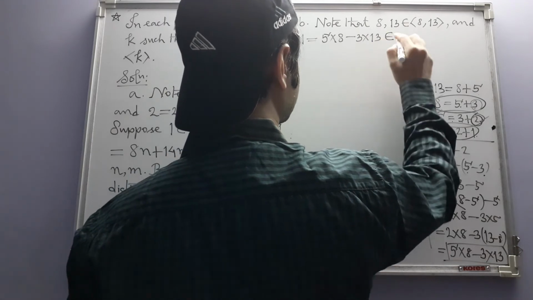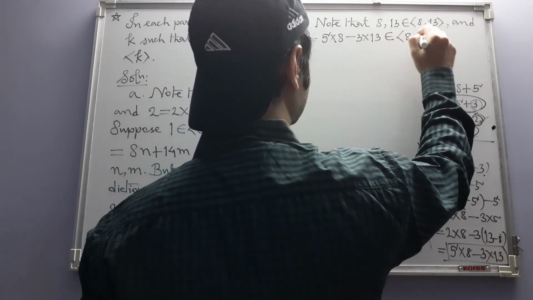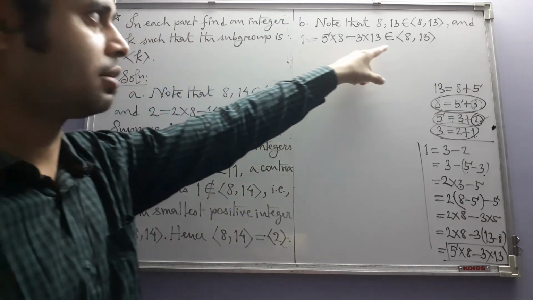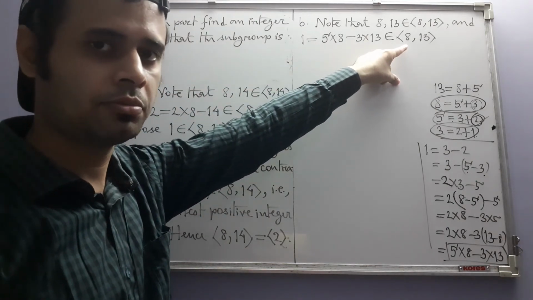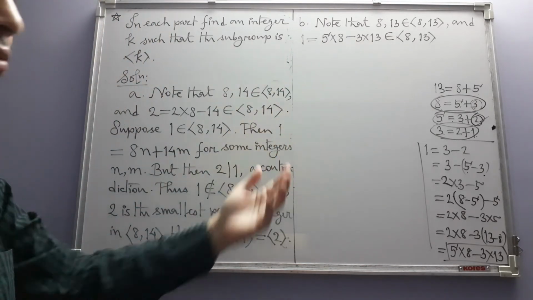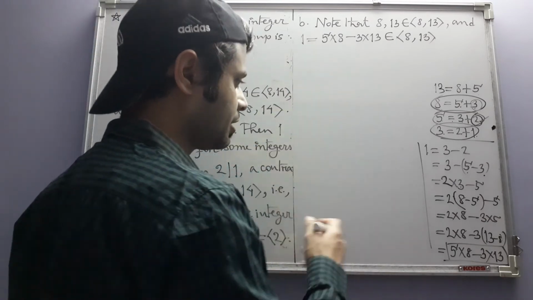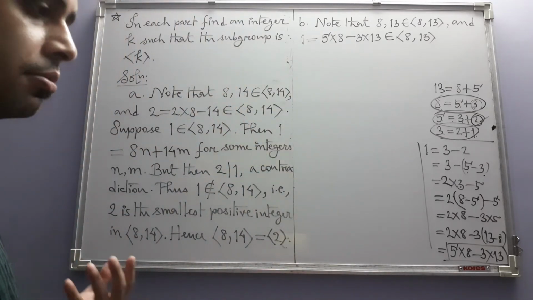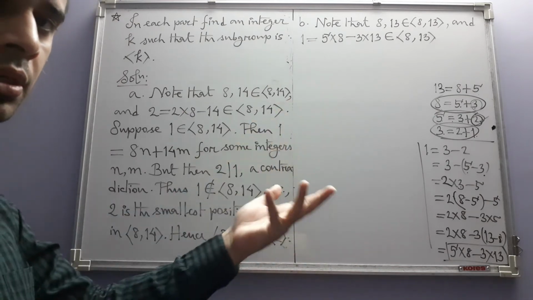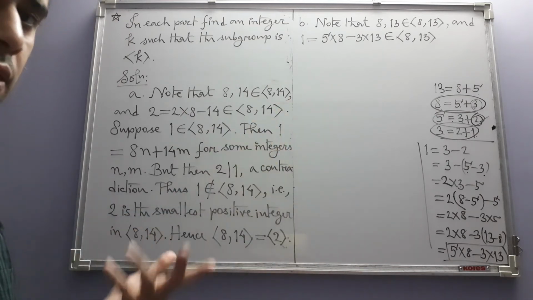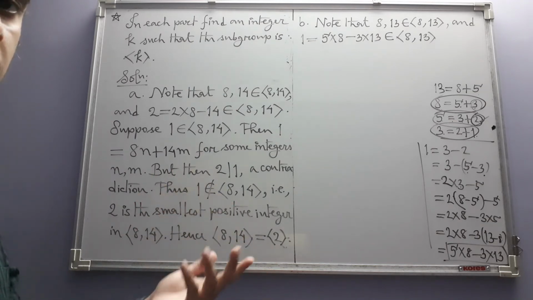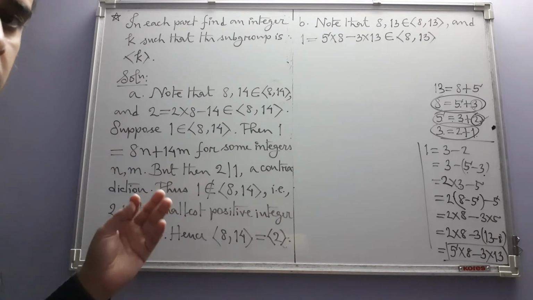So 1 belongs to the subgroup generated by 8 and 13. Now the moment 1 belongs to a subgroup of Z, every integer belongs to that subgroup, because you can add 1 as many times as you want to show that every positive integer belongs to the subgroup. Take its additive inverse, the corresponding negative integer also belongs to the subgroup, and because it's a subgroup, it must also contain 0.